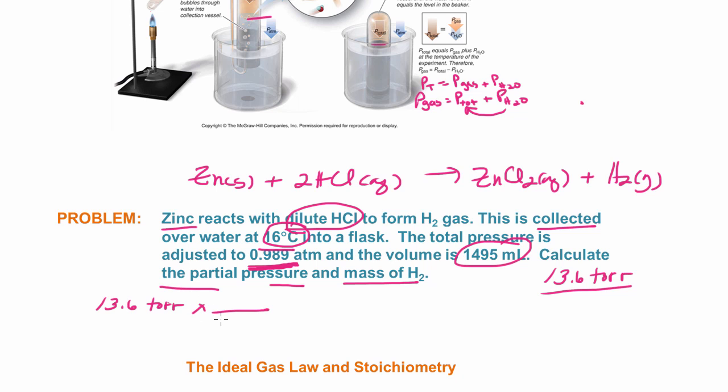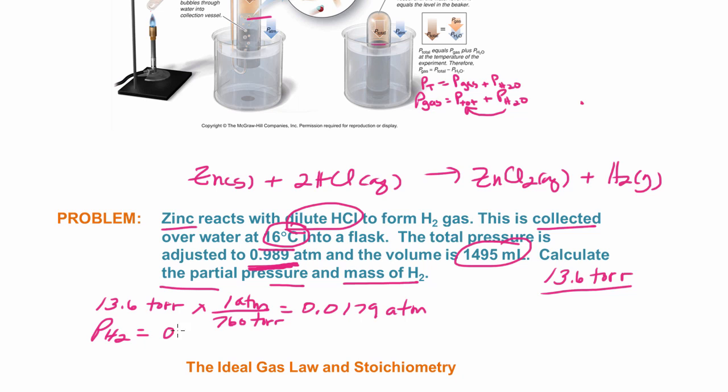So we know that 760 torr is 1 atmosphere. 13.6 divided by 760, and that is 0.0179 atmospheres.